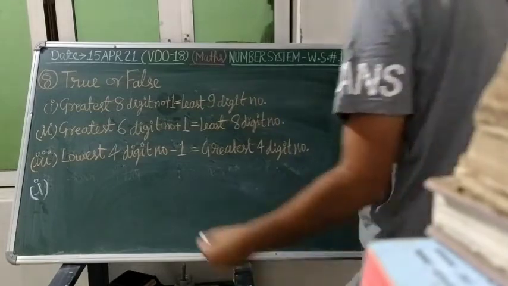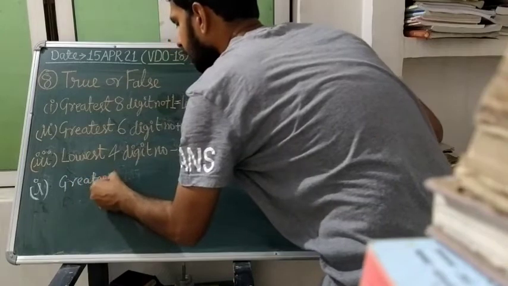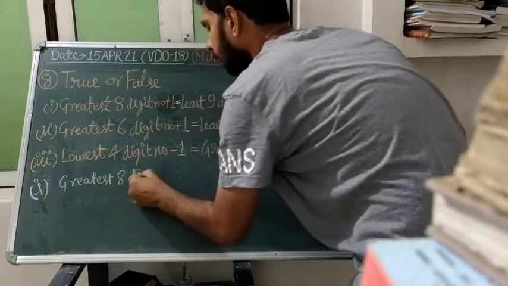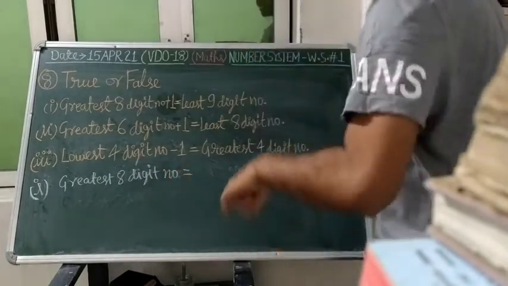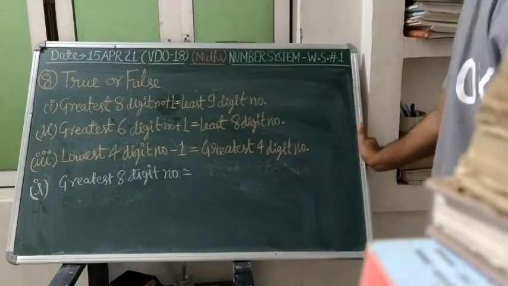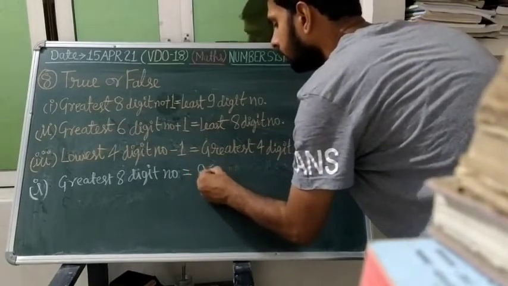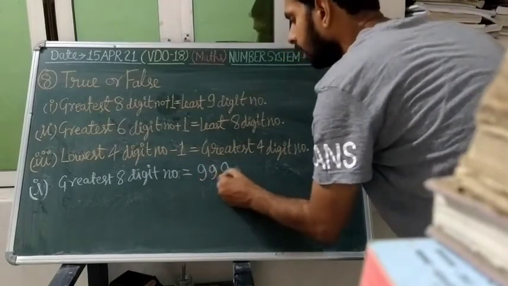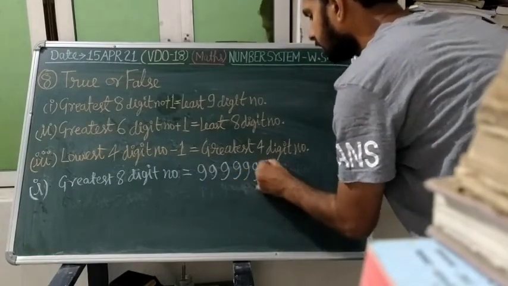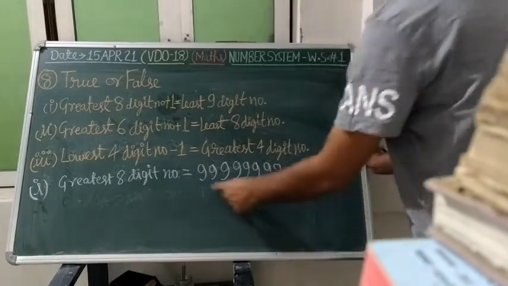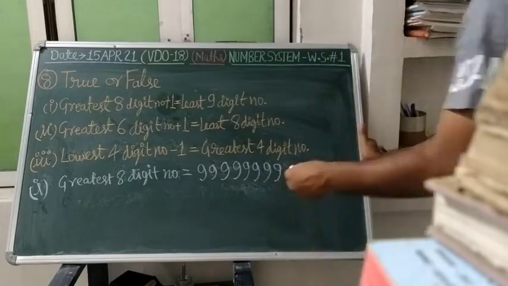So how will you write the greatest 8-digit number? As I told you, you will write 9 eight times. So 1 2 3 4 5 6 7 8, plus 1.